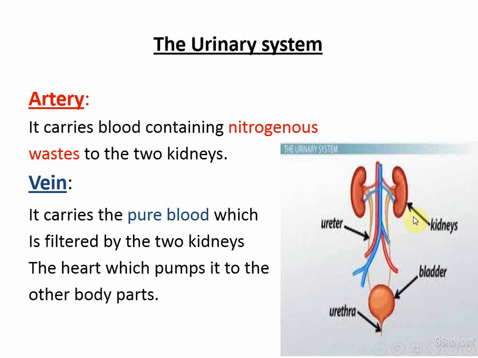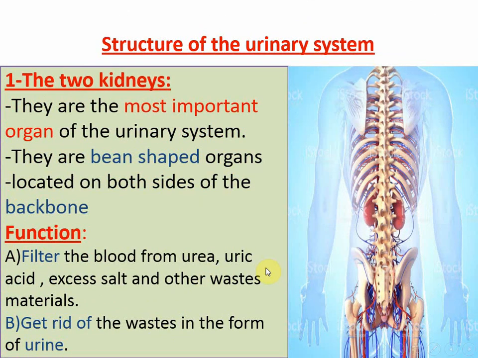So the blood entering the urinary system contains nitrogenous waste to the 2 kidneys. Why? The urinary system filters the blood from the wastes, and the pure blood returns back to the heart through the vein. So the vein carries the pure blood which is filtered by the 2 kidneys. The heart pumps it to the other body parts.